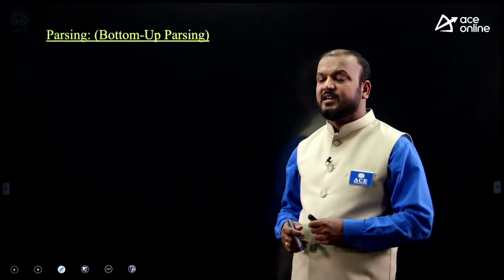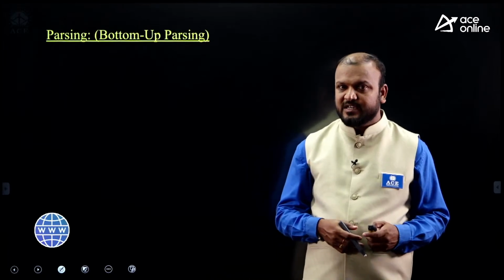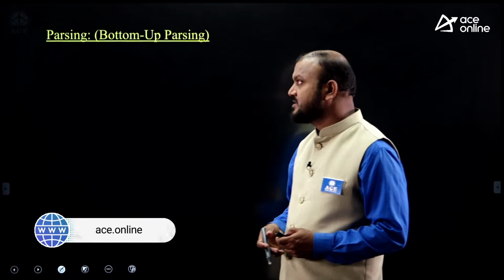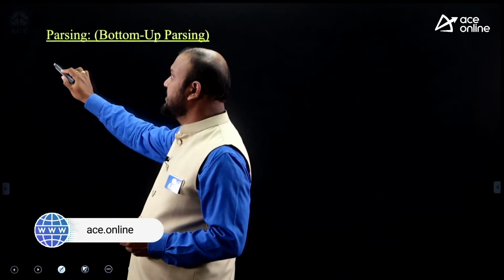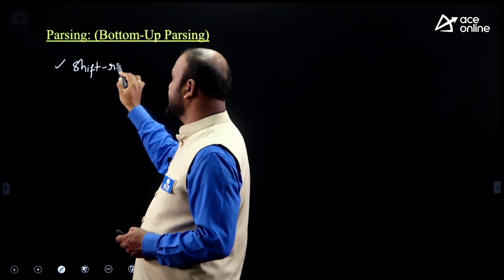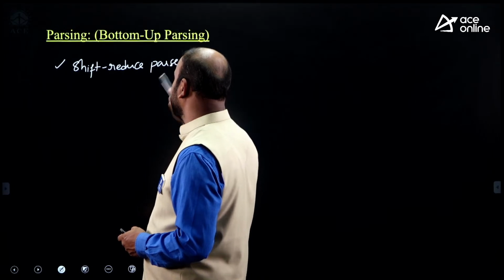Next, we'll go ahead with bottom-up parsing. Bottom-up parsing constructs a parse tree from the bottom to the top, and bottom-up parsers use rightmost derivation in reverse. In bottom-up parsing, we have a topic called shift-reduce parser. But so far, only one question has been asked on the shift-reduce parser: which of the following is a handle?